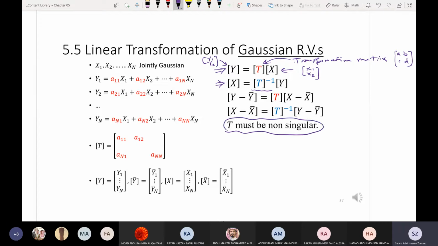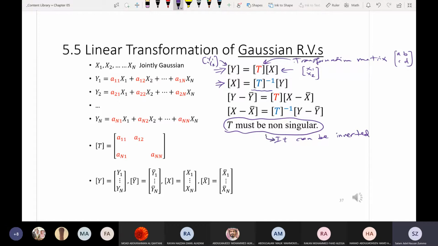What does non-singular mean? It can be inverted. So I can write x1, x2 in terms of y1, y2. It can be inverted.